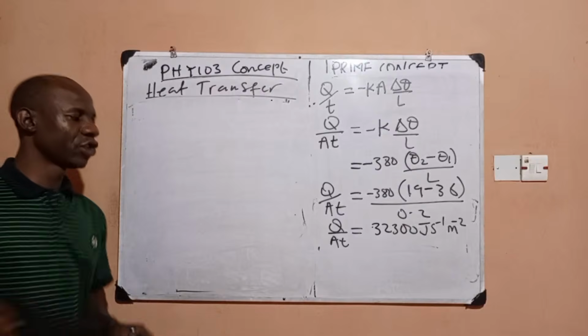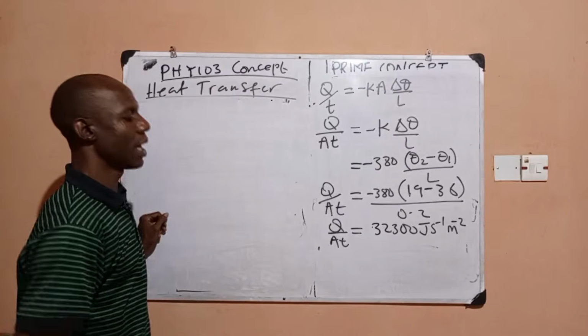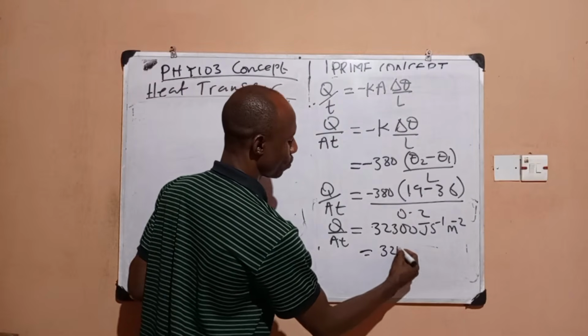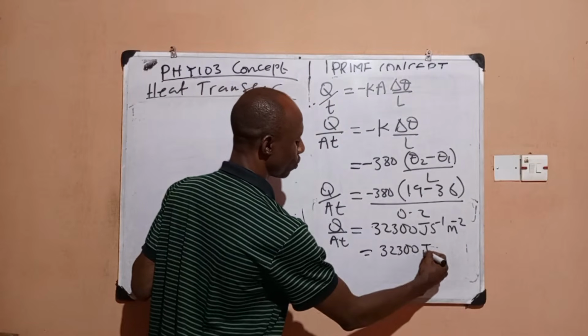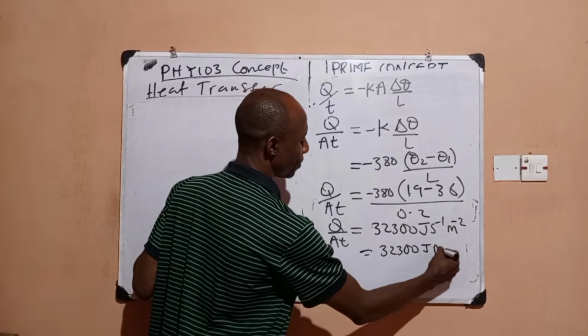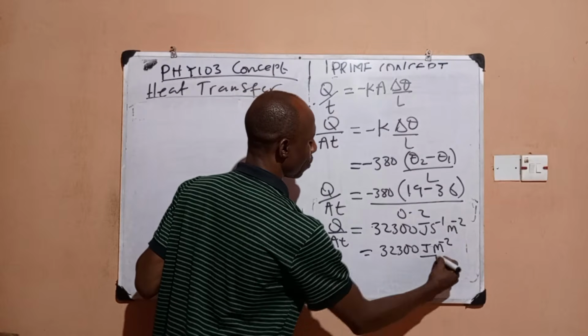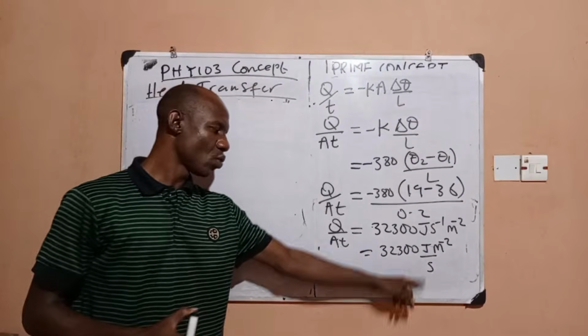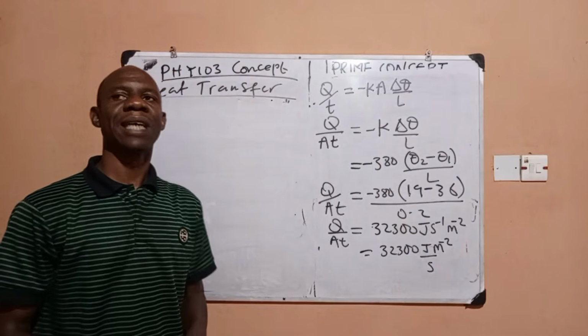Remember, this is 32300 joule per meter square over second. So this is 1 second. So 1 second is how many hours?